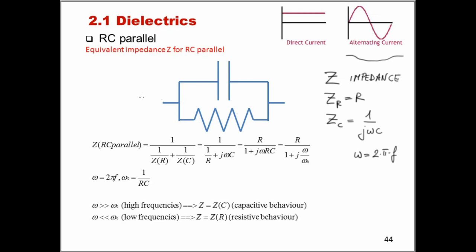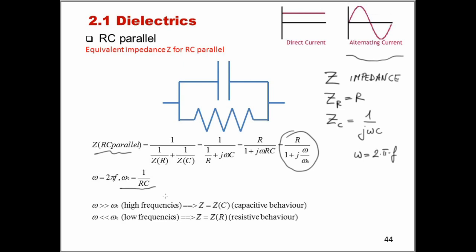This means that the impedance of this RC parallel circuit, if you follow these equations here, is given by this formula, where omega 0 is a characteristic angular frequency which is given by 1 over RC.